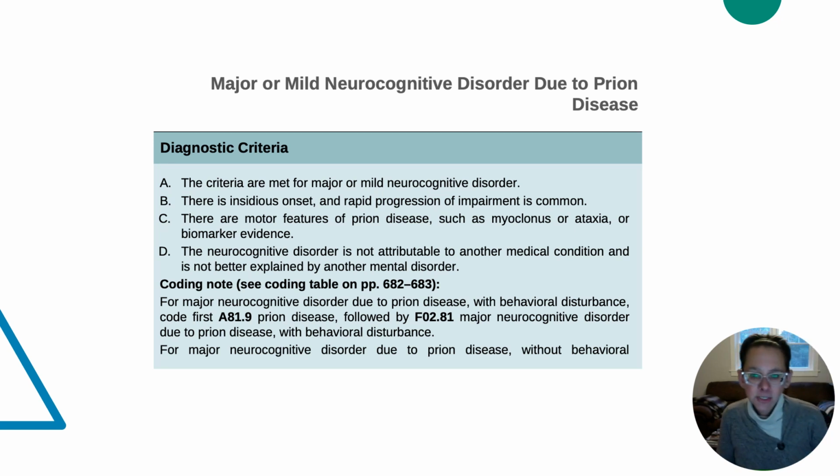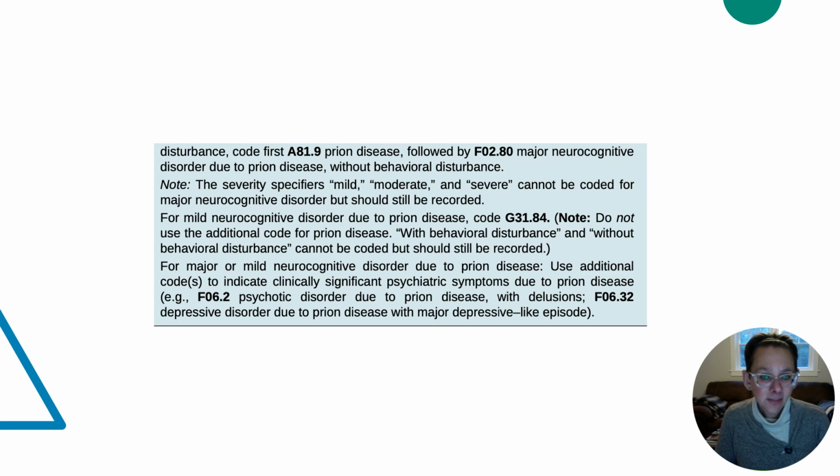Outpatient, I'm sure it's in bigger cities. I'm in a small town, so I probably will not see it, but it could be. So there are motor features that are different in prion disease, such as myoclonus or ataxia or biomarker evidence, not attributed to another medical condition. And here's some coding for that.